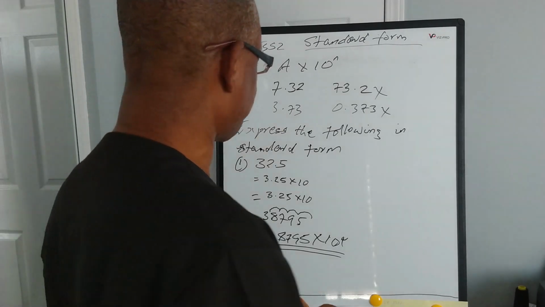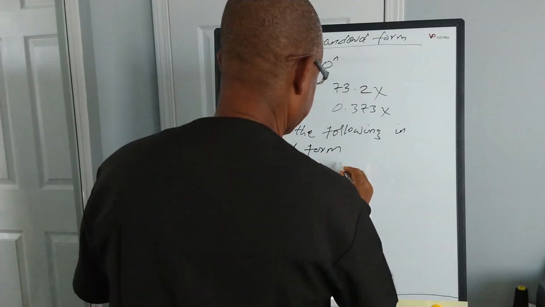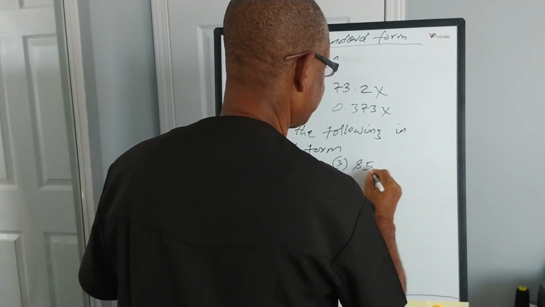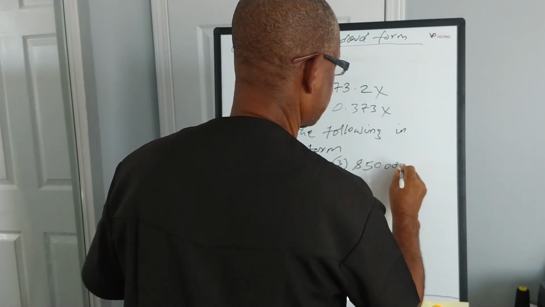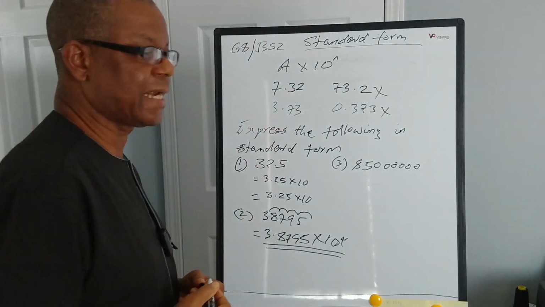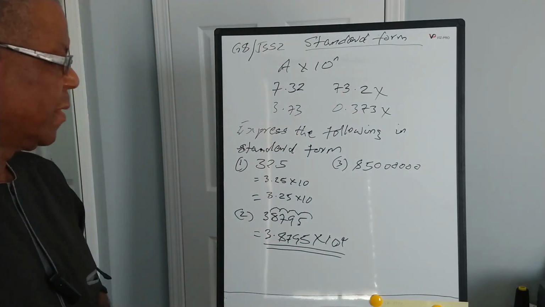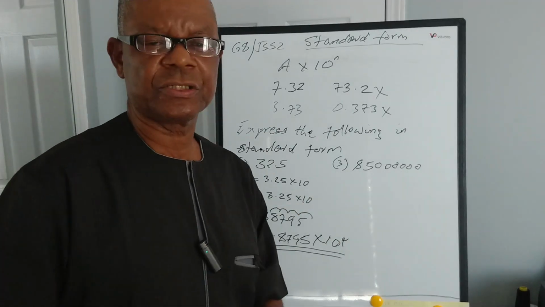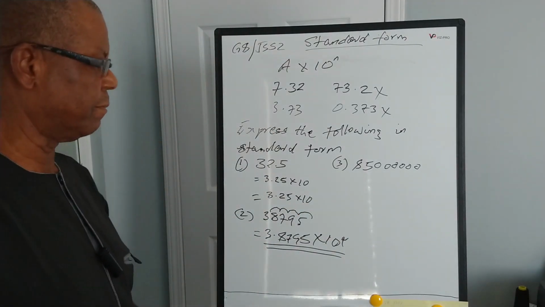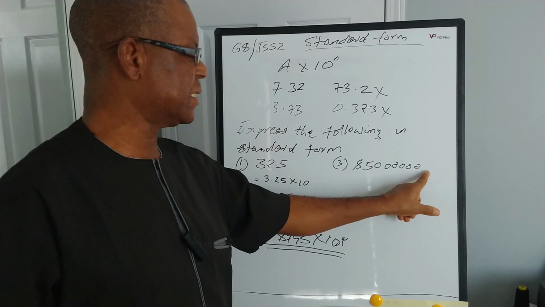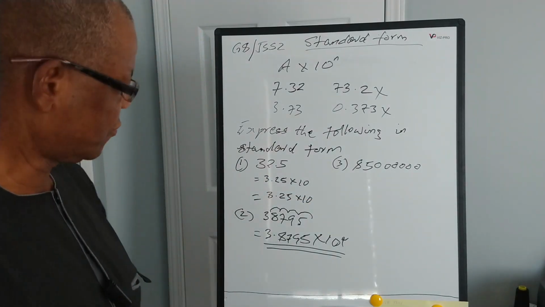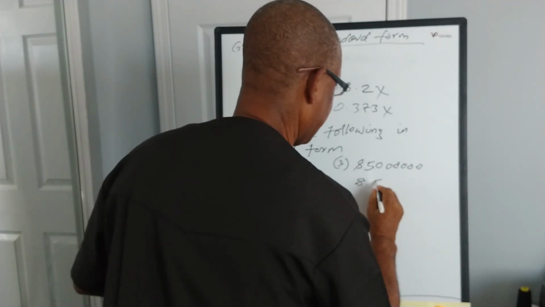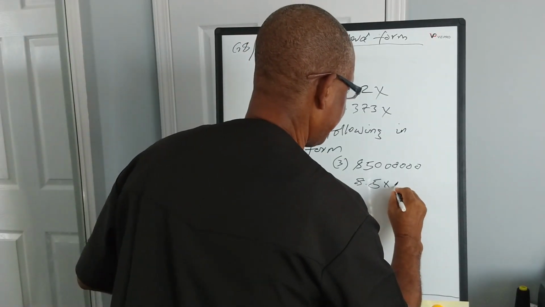We may as well be asked to express, let's say number 3, 85000000 in standard form. This is 1, 2, 3, 4, 5, 6, 7, 8 digits, so it's not in standard form. The decimal point is invisible here. So to express this in standard form, we now have 8.5 times 10.